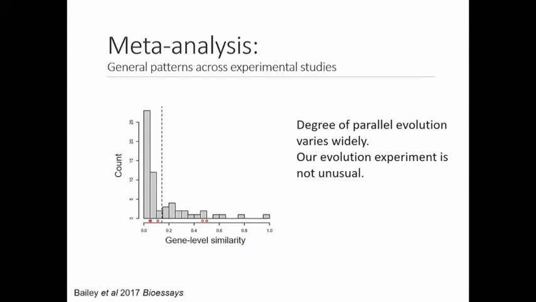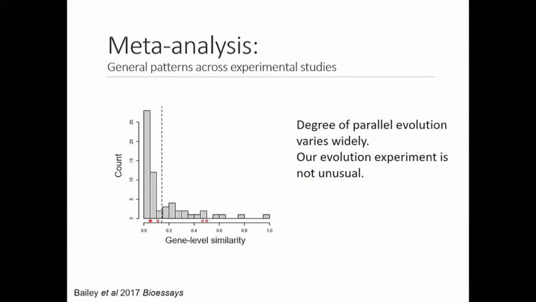We saw experiments that span that entire range. There's a peak at 0, so there are lots of cases where you have no overlap across replicate populations evolving in the same environment, which is perhaps not surprising, but we do have quite a lot of intermediate similarities across studies. This is the mean across all of those studies that we were able to get data for.